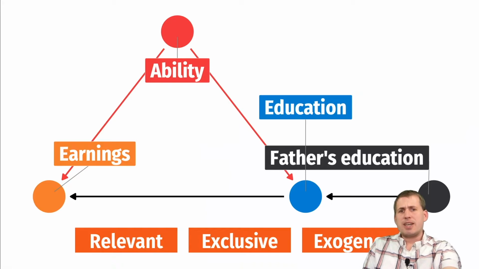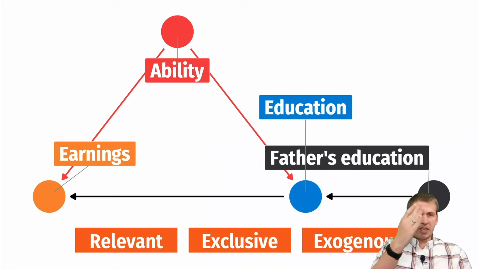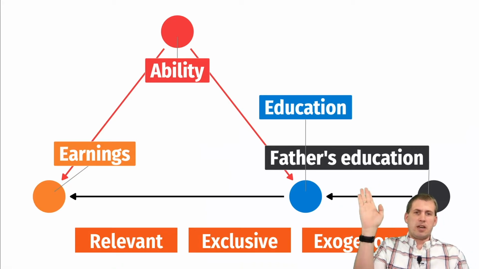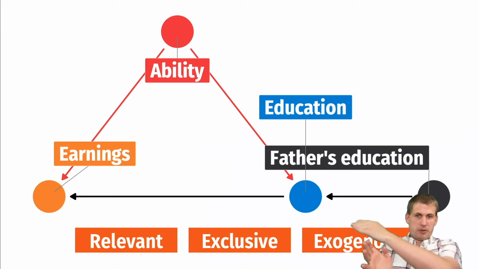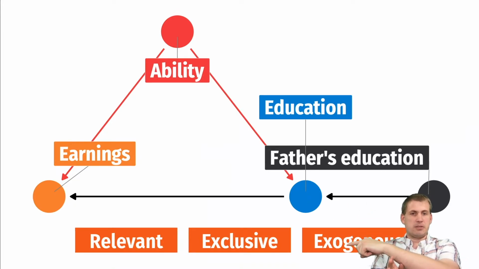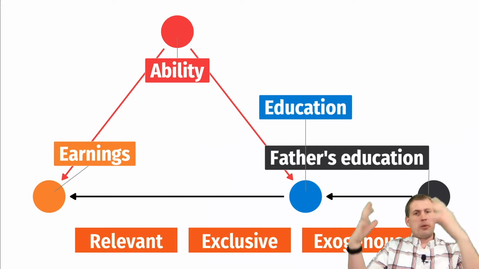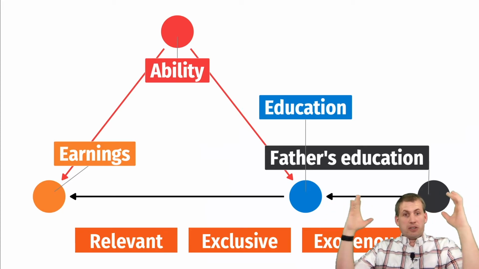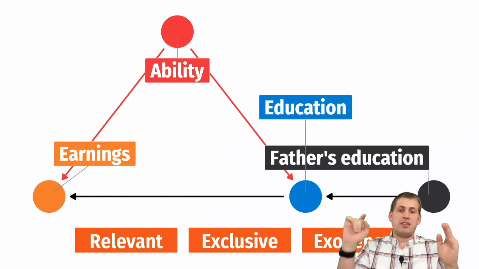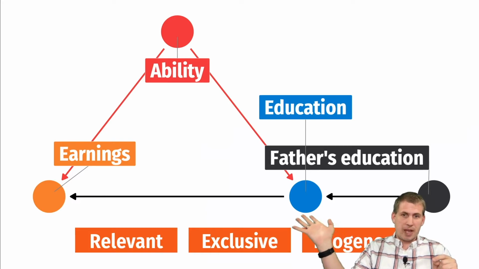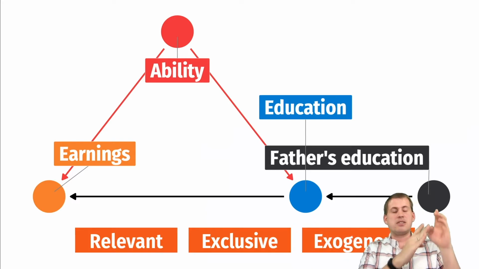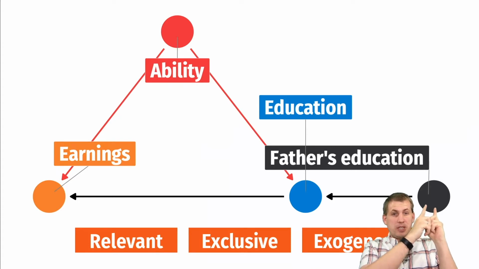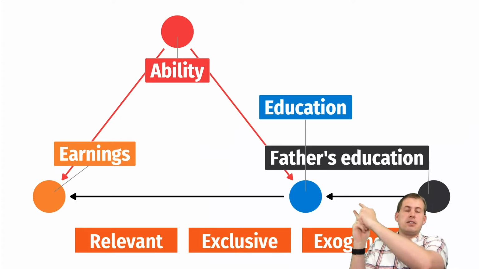So if we look at the DAG here, we have our father's education causing education. And if we look through the relevancy and the exclusivity and the exogeneity, we can tell a story about all of this. So again, to drill this into your heads, the relevant aspect of father's education means that there's a relationship between father's education and your education.